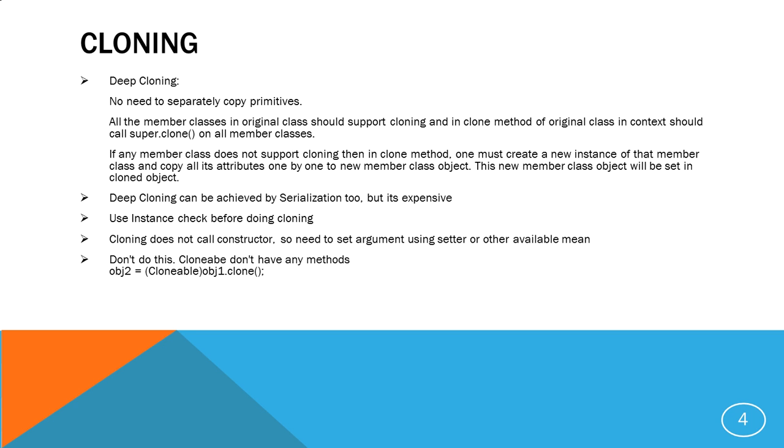Okay, if any member class does not support cloning, then in the clone method one must create a new instance of that member class. So to do deep cloning, you either make the member class clonable and override the clone method inside the member class, or you create a new instance of that member class and manually copy the fields to the new member class, then associate that new member class reference to the parent.